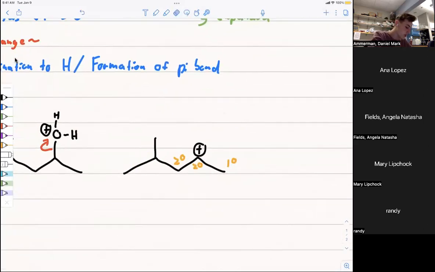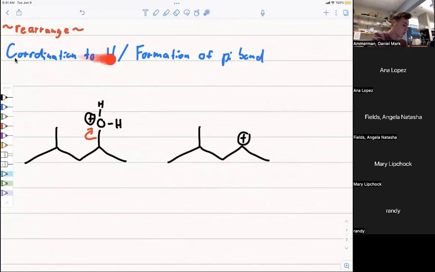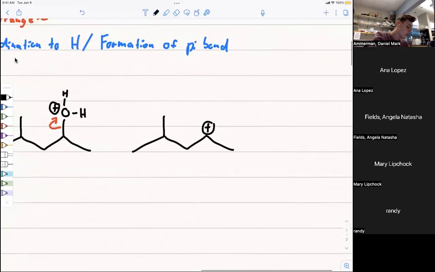And now we are going to eliminate. We'll have coordination of the hydrogen and formation of our pi bond. So we're going to take this water we formed in our first step, that's our nucleophile, and we're going to move it over here. And we have a few options for making our pi bond.